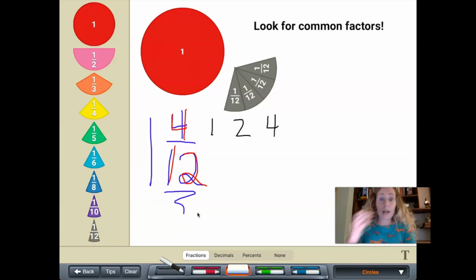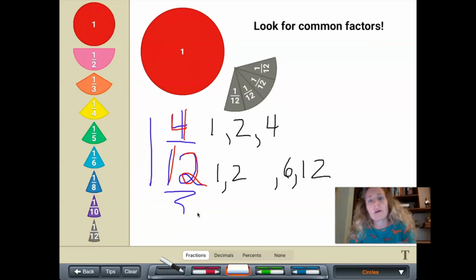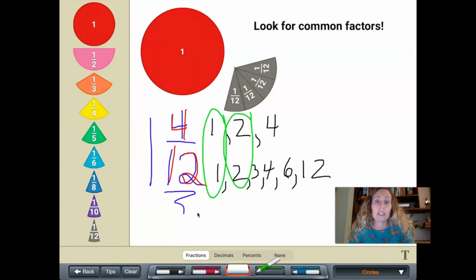Some of you noticed right away what the greatest common factor is of these two numbers, but some of you might have to do a factor rainbow or find the factors of the number in order to see which factors these numbers have in common. They've got 1, 2, and 4 in common, and 4 is the greatest, the biggest factor that they have in common.